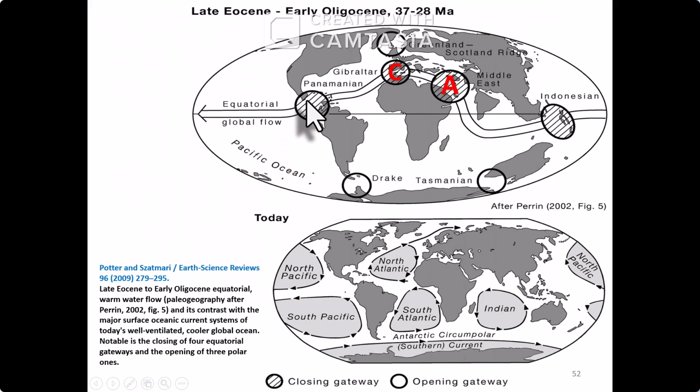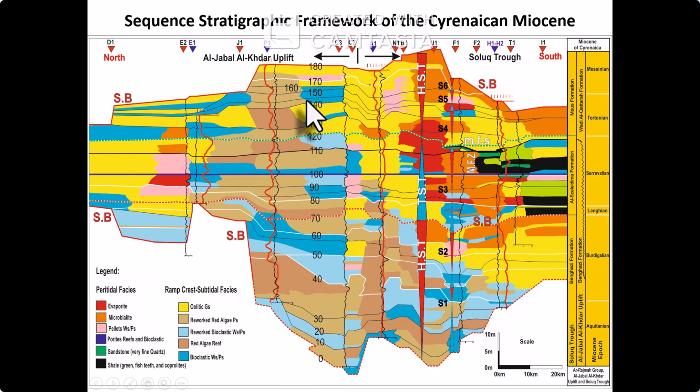This is a study done on 503 thin sections along the Cyrenaica state. The section is about 140 kilometers long, here from south to north. And as you see, the lithologies start with the blue color at the bottom here, which is bioclastics. The beige color is red algae.